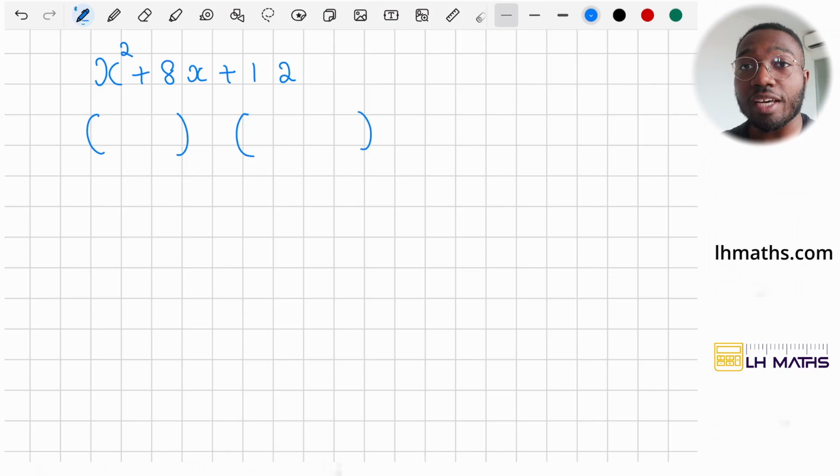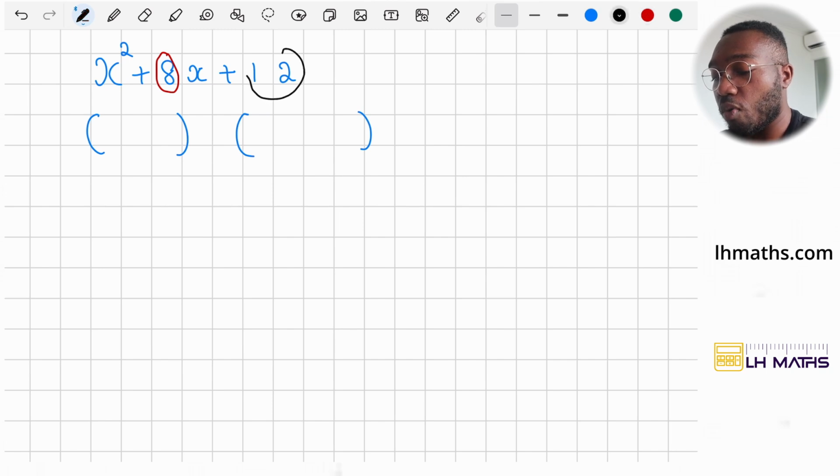So if we have an expression like this, x squared plus 8x plus 12, then what you need to do is look at this number right here, this 8, and this 12. Now you need to think of two numbers which sum to make 8, and which multiply together to make 12.